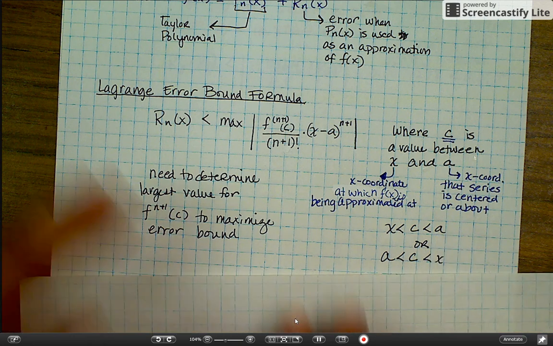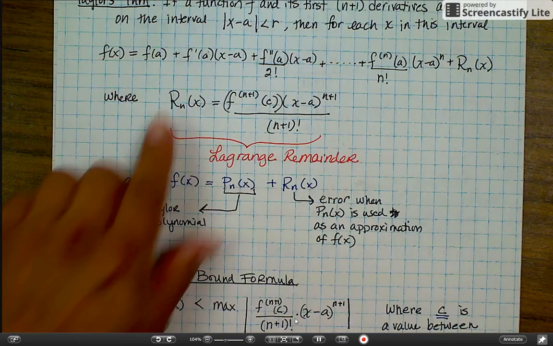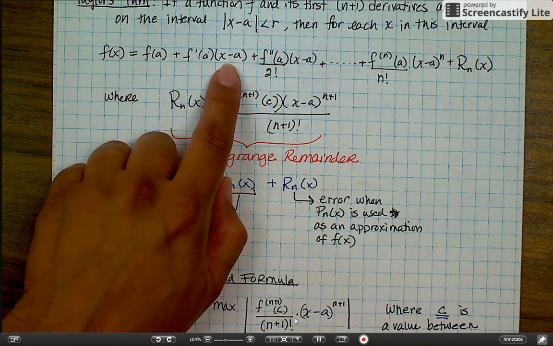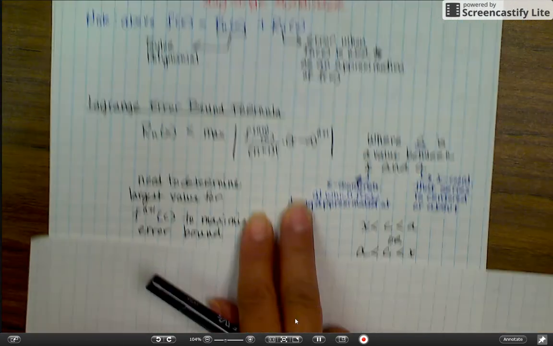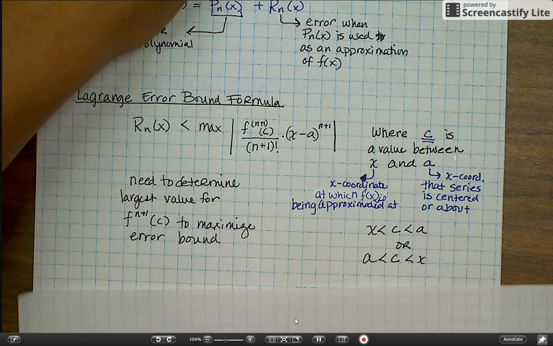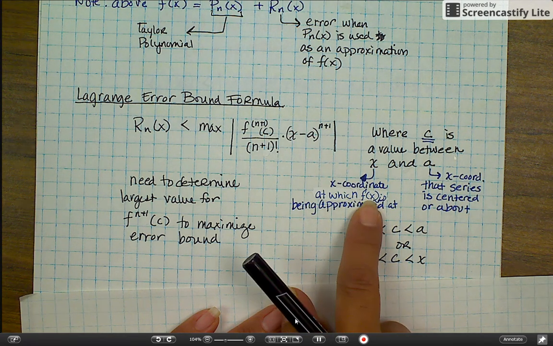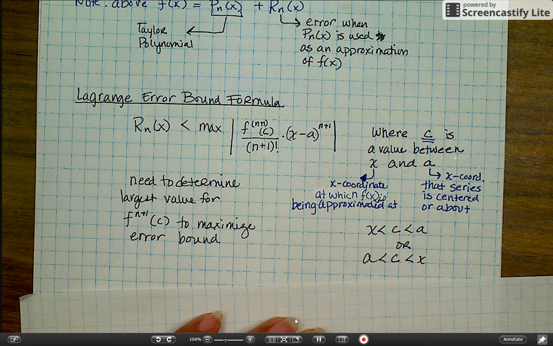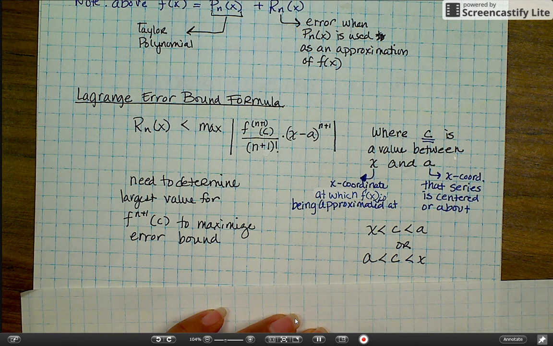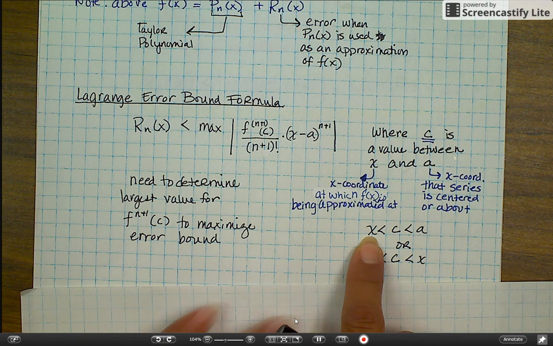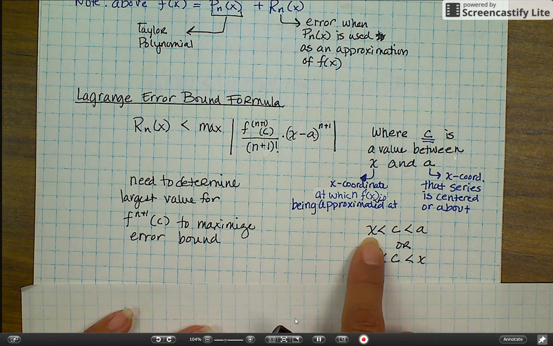That comes from our Taylor polynomial. We are centered about a. Now, your x is the x-coordinate at which we are using our f of x, and we're approximating at that x-coordinate. So you'll see in our examples how we label our x, okay?